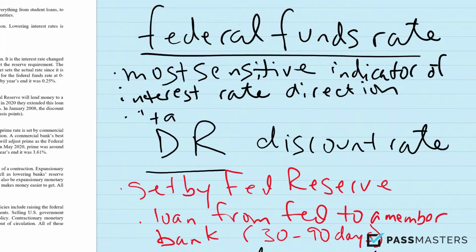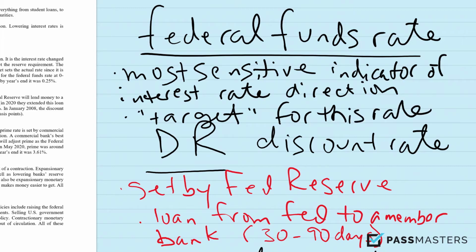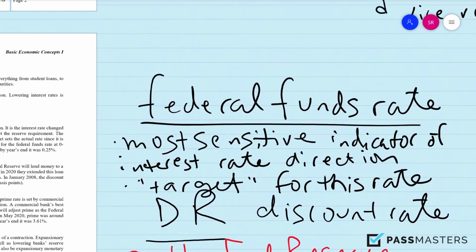Instead, the Fed sets a target for this rate. The reasoning is that this is an overnight loan, the shortest term loan there is, from member bank to member bank, not from Fed to bank, bank to bank, to meet reserve requirements.